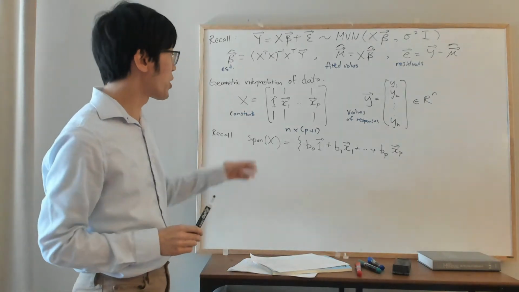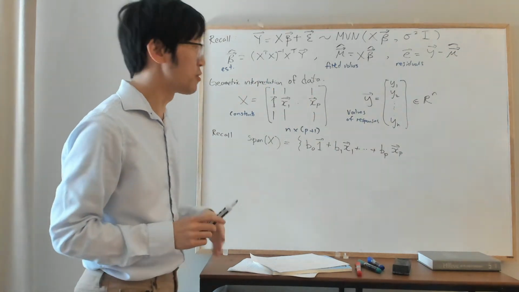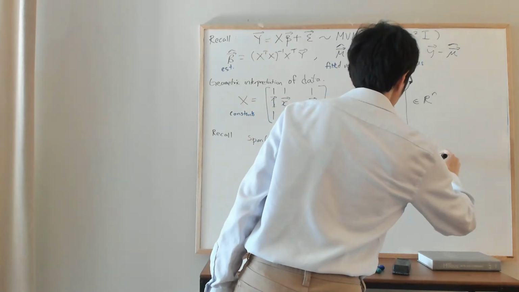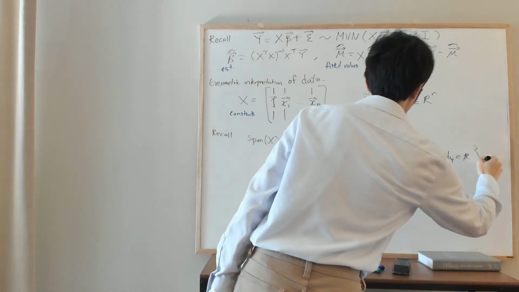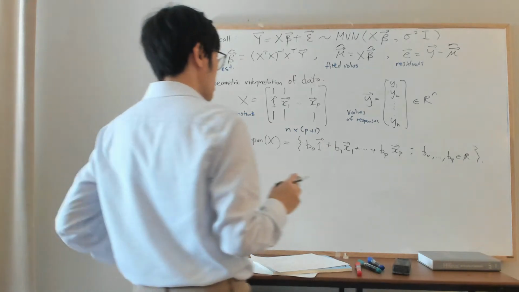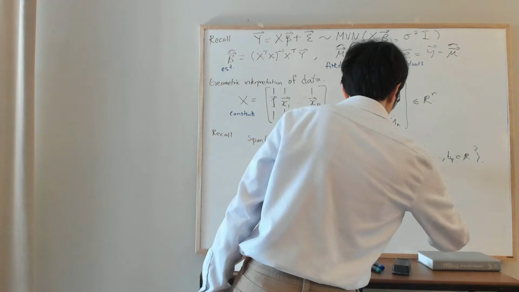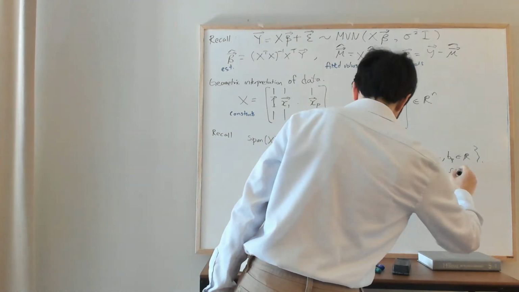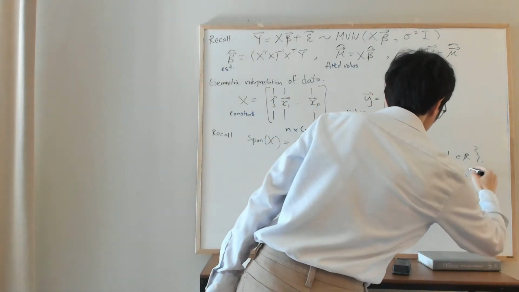So the span is all possible linear combinations of these p plus 1 columns, where b0 up to bp are all real numbers. This is all linear combinations of the columns of X.